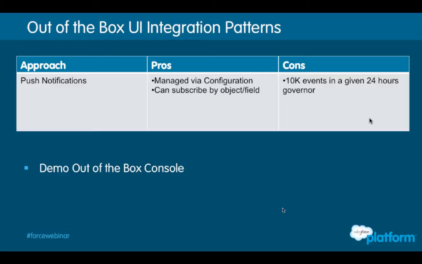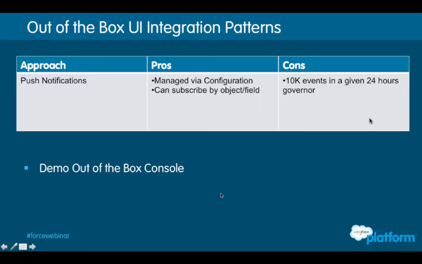However, it's a very cool pattern that allows your agents or your users to get an update anytime a record is touched by them, by an external application through web services integration, or by an update that they made somewhere else within the console. So let's show you a quick example of how you can leverage push notifications.